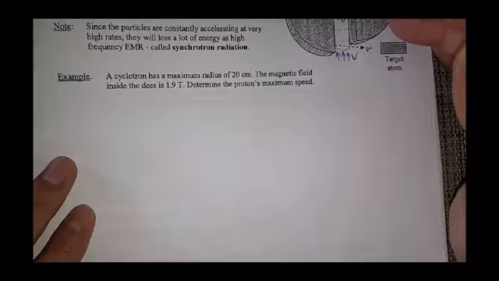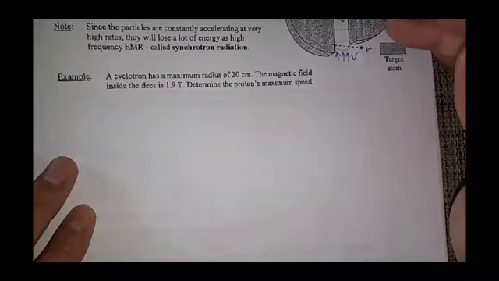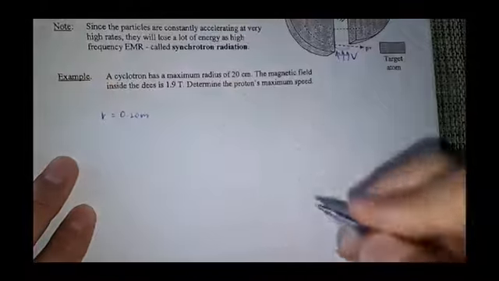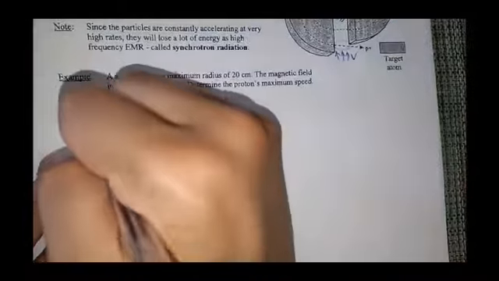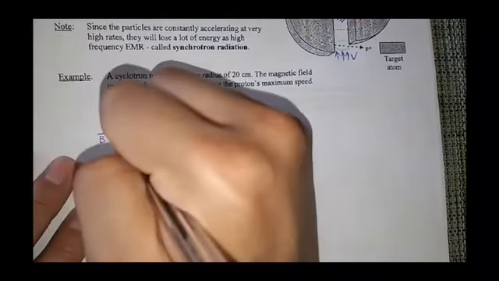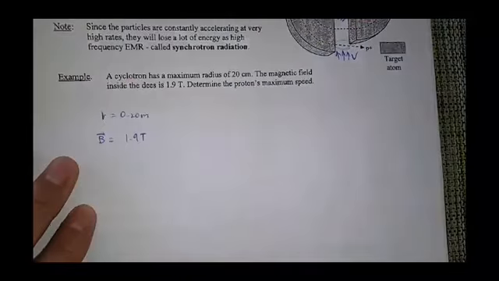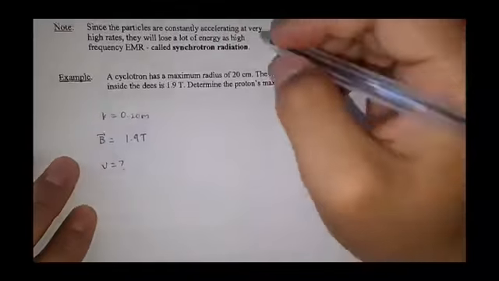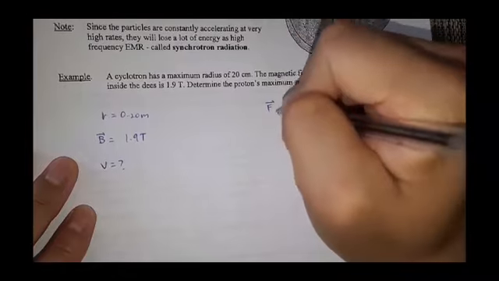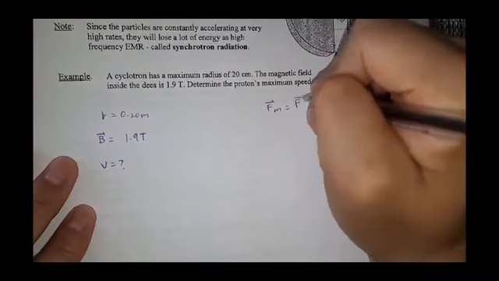So let's look at that. A cyclotron has a maximum radius of 20 centimeters. The magnetic field inside the D is 1.9 T. Determine the proton's maximum speed. So let's look at the force perspective.